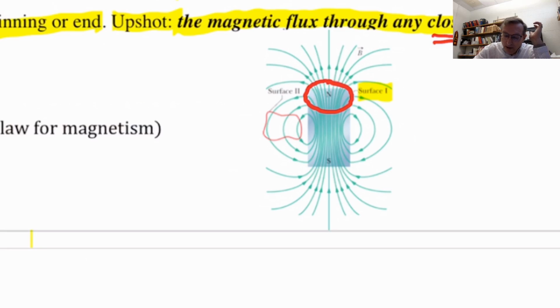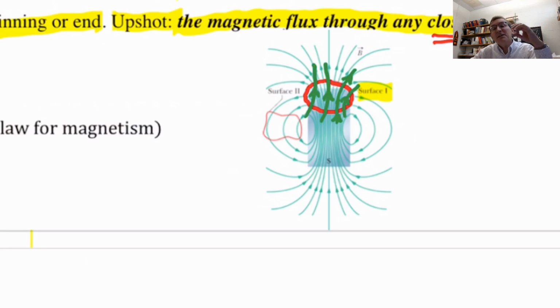And then what they're pointing out is that every magnetic field line that pierces that surface, surface 1 they call it, going inward, will somewhere later pierce it going outward. Every single magnetic field line will do that. If it pierces surface 1 going in, it will also pierce it going out.